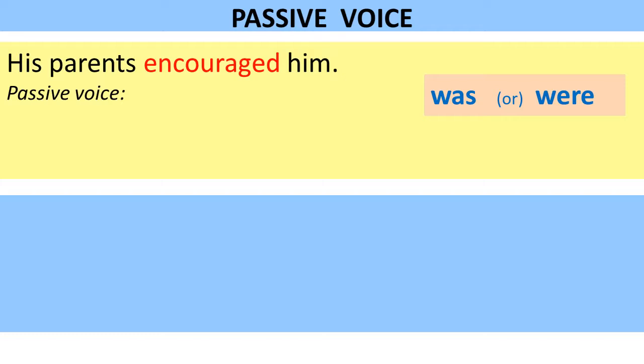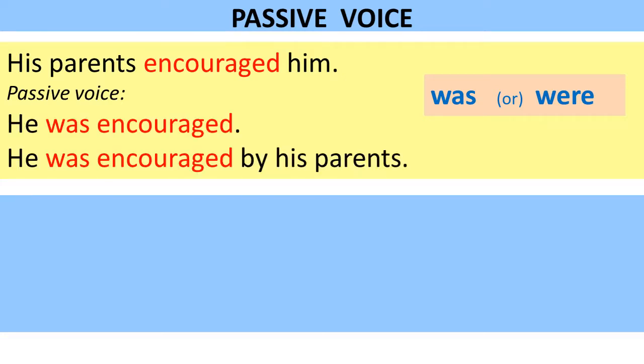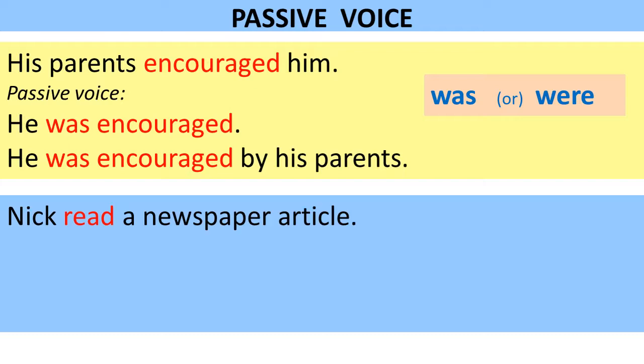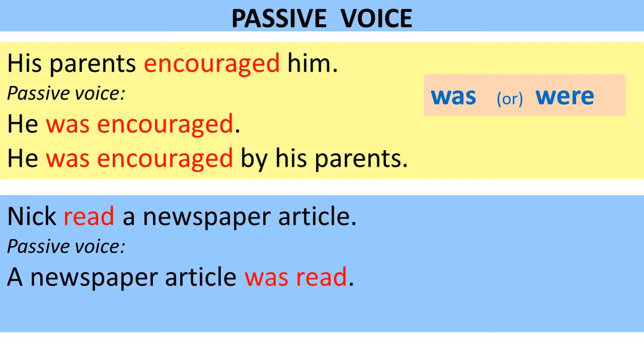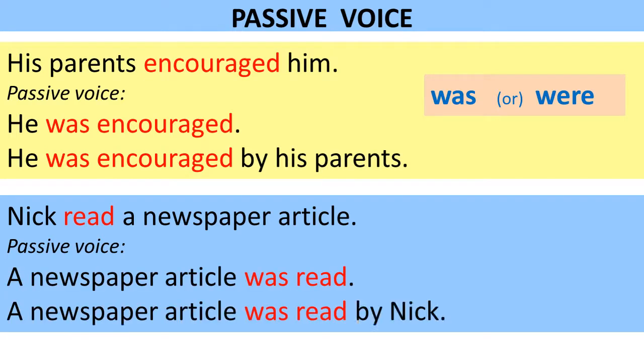Here the case is past tense and there is no be form. He was encouraged. He was encouraged by his parents. Here him changed as he. Be careful. And Nick read a newspaper article, and its passive form: A newspaper article was read. A newspaper article was read by Nick.